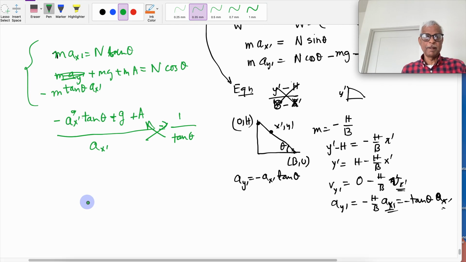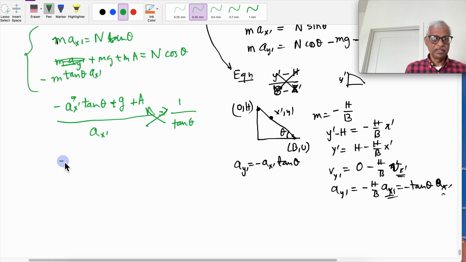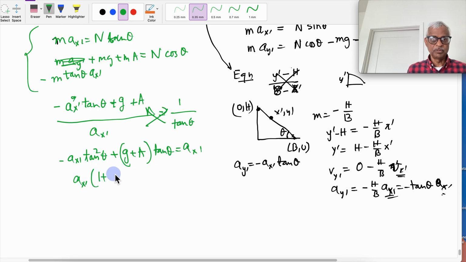Do it like that. So you have minus a x prime tan squared theta plus g plus a tangent theta equals a x prime. Bring this to the other side. So a x prime times 1 plus tangent squared theta equals g plus a tangent theta.